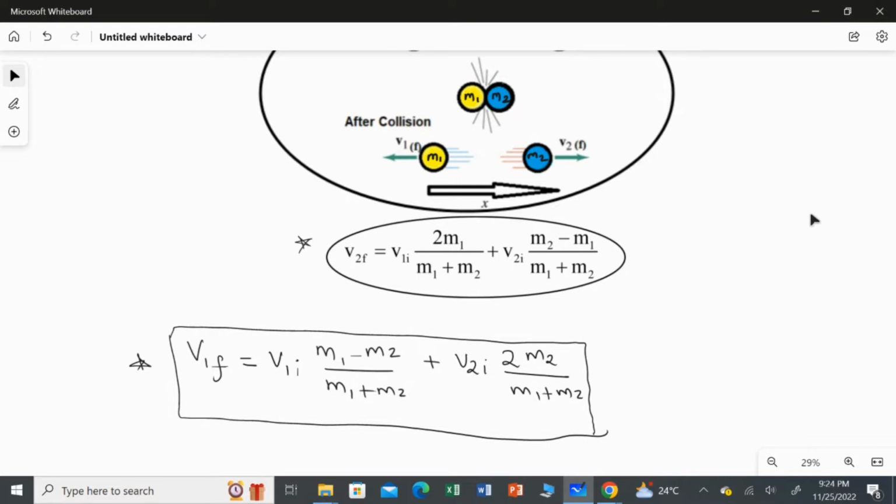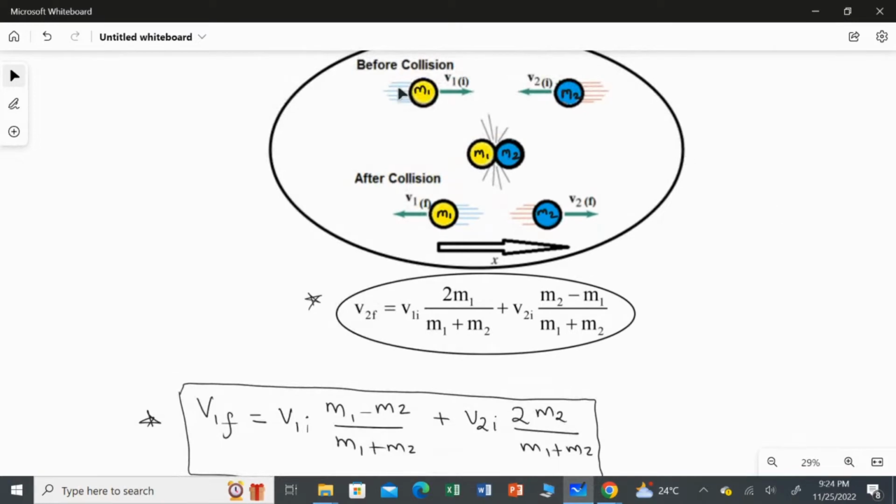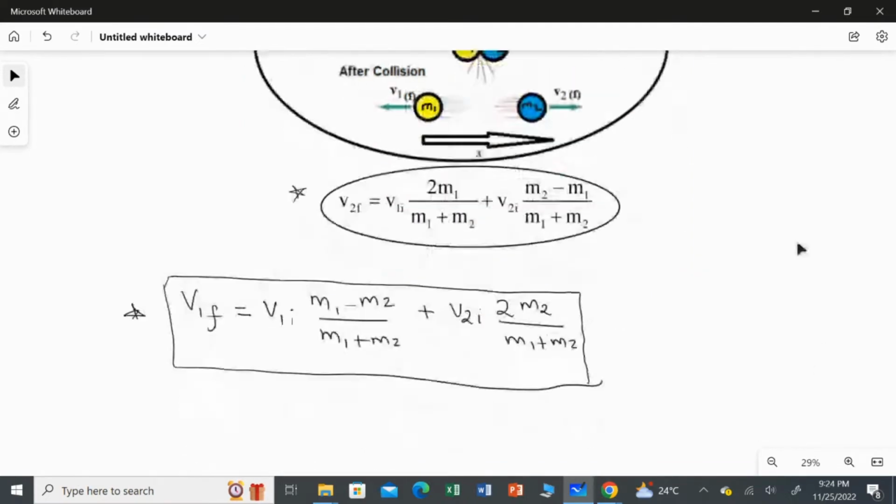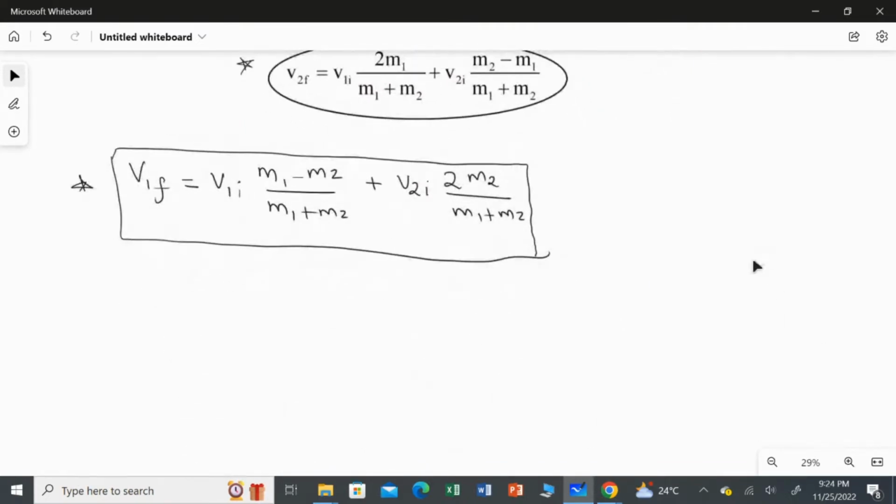For that, I just need the equation for the law of conservation of linear momentum for this case: m1 v1 initial plus m2 v2 initial equals m1 v1 final plus m2 v2 final. I'm going to write that equation so it will be easy for our understanding. Let's start.